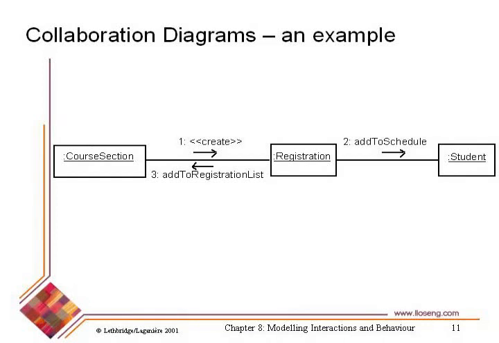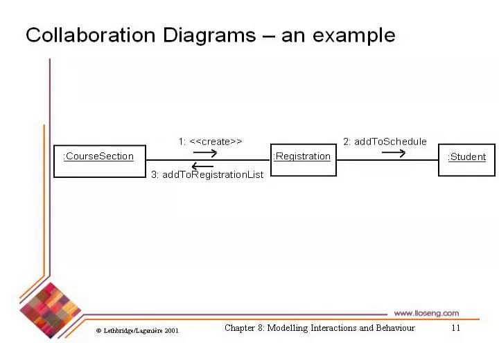Okay? And so the set of things that are occurring and the link between two objects, in this case create and add to registration list, represent the collaborations that these objects do with each other. Collaborations represent things happening, objects working together to do things.